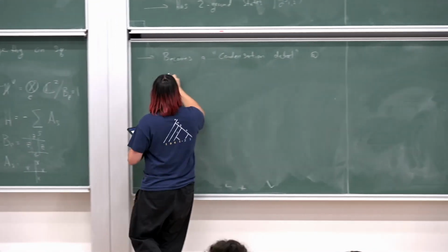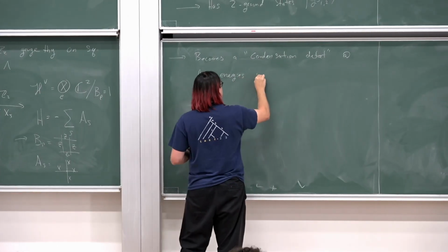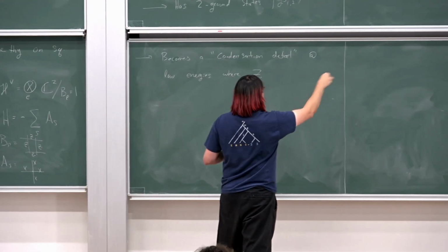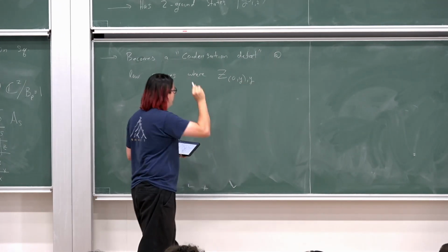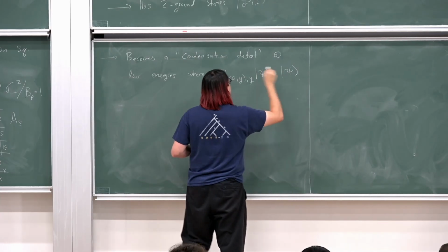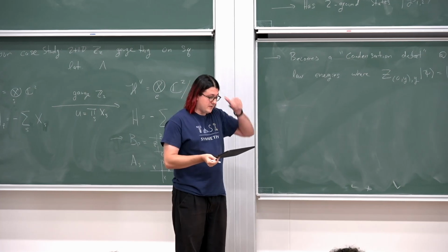At low energies, where that Z operator over there, going from site y to the site right above it, is equal to 1. So in that low energy subspace, this defect becomes a condensation defect.